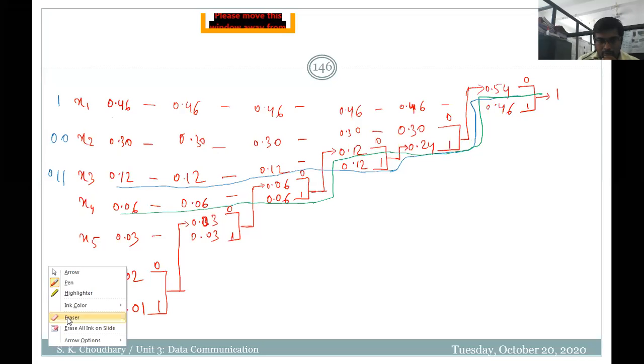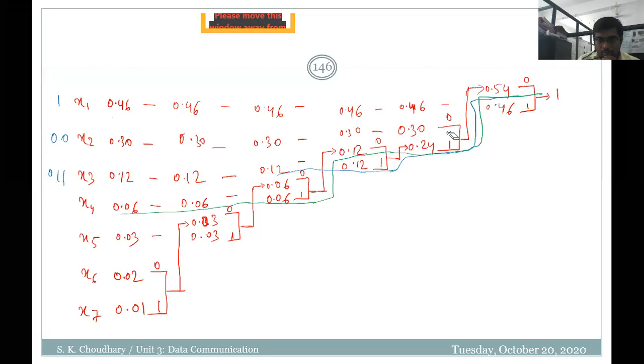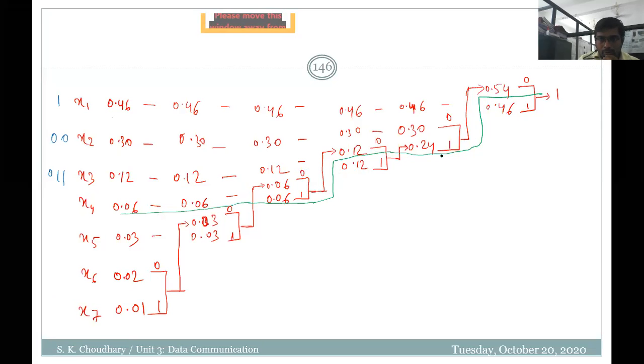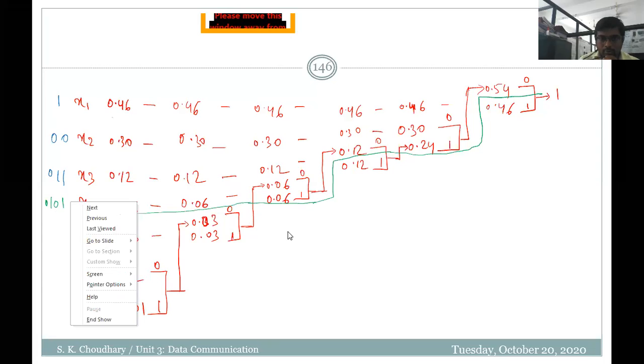If you see the path, what would be the path here? It would be 0, 1, 0, then 1, then 1. Yes, the last bit of the 4-bit message.